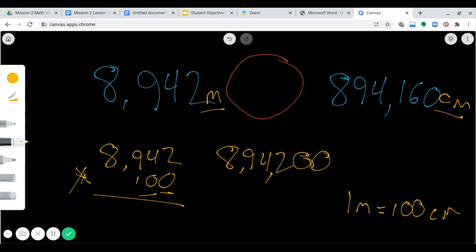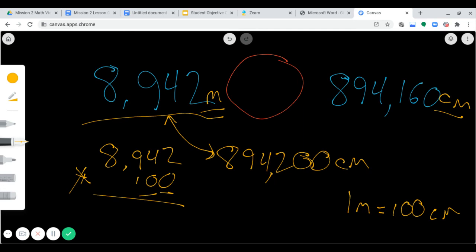I can change my comma, since it will be in a different spot. I end up with 894,200. And what's my unit? Centimeters, because I changed it to centimeters. So 8,942 meters is the same as 894,200 centimeters. And now I just need to compare them.